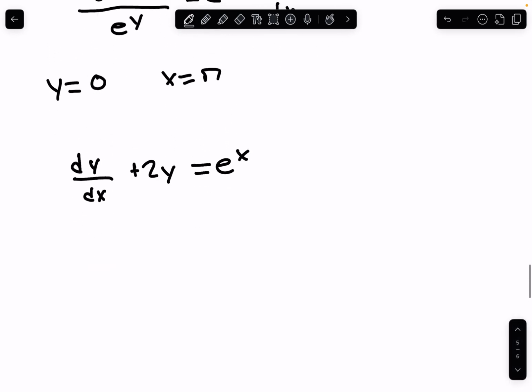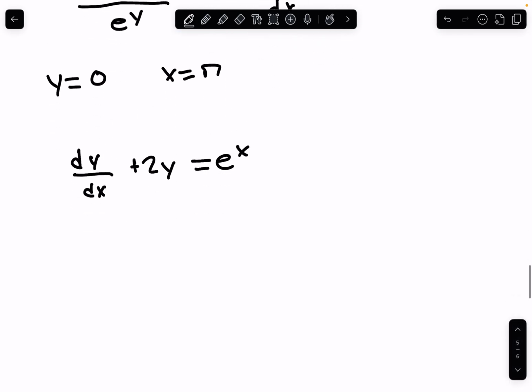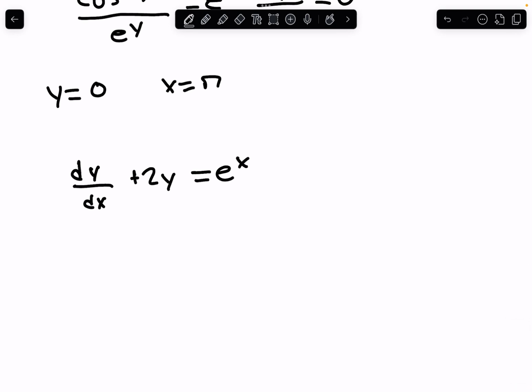So differential equations where you have to use the integrating factor commonly look like this. Let's leave it in this form: dy by dx plus y multiplied by a function of x, or x multiplied by a function of y. So f of x, let's say, equals another function, let's say q of x.